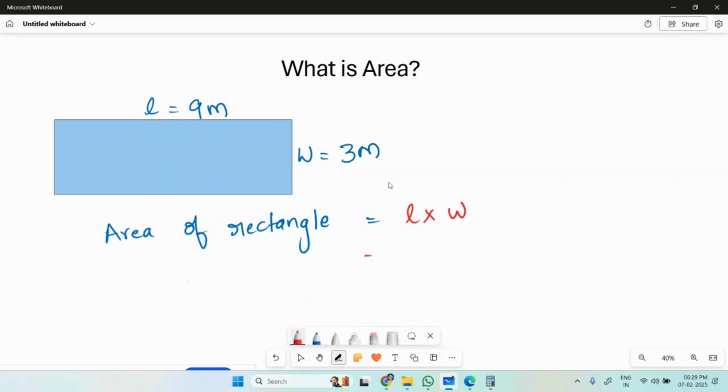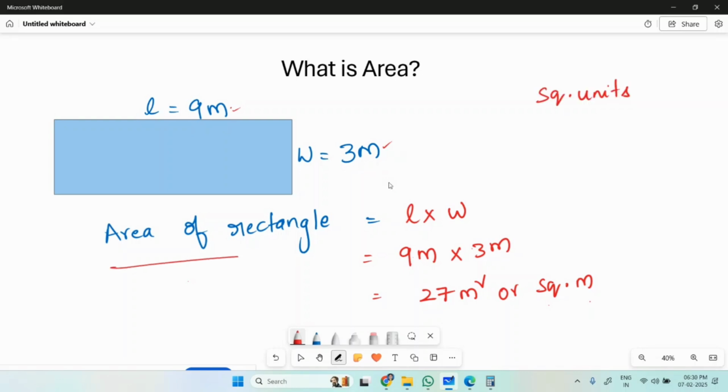Here the length is 9 meters and the width is 3 meters. Now 9 times 3 is 27, and meter times meter is meter square, or square meters. We always measure area in square units. If the units are in meters, we write square meters. If the units are in centimeters, we write square centimeters or centimeter square.